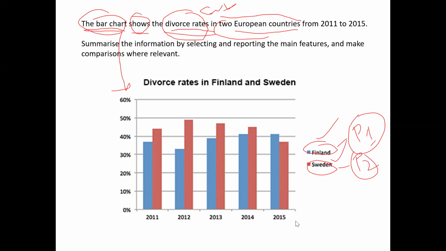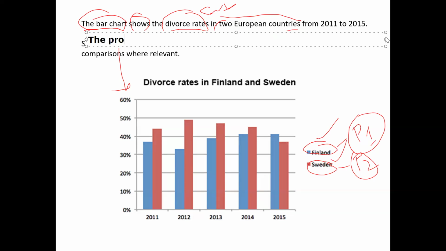So what if I write in this way? Will you help me out? First of all, the provided bar chart, clear, demonstrates. What is it demonstrates? The average divorces. Every divorce is where?